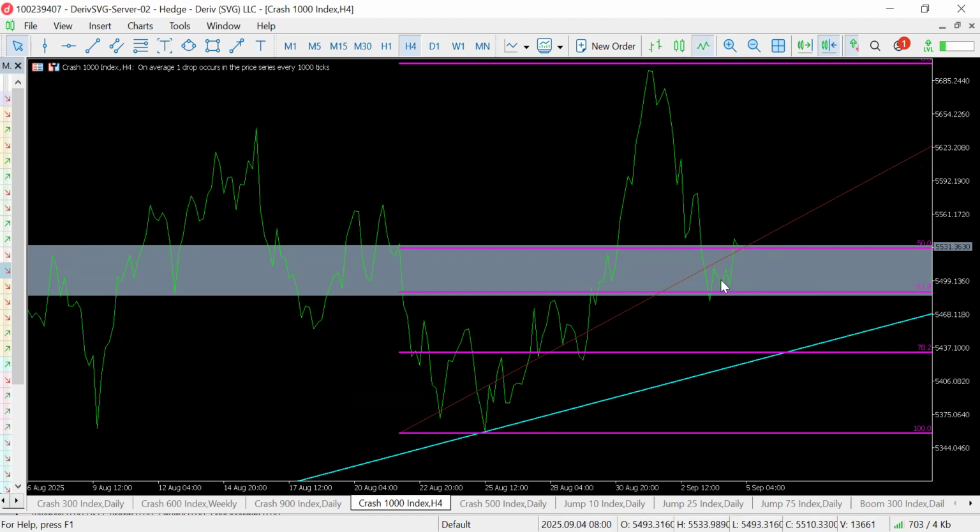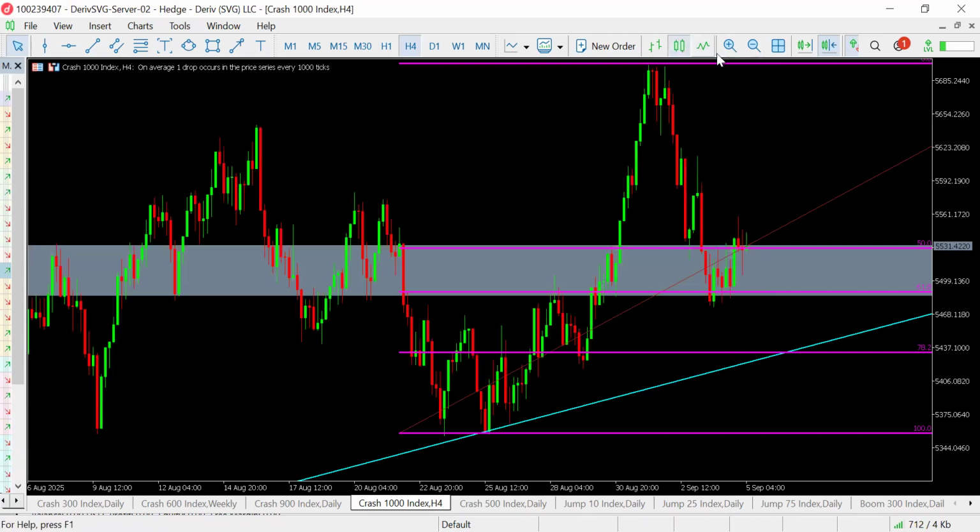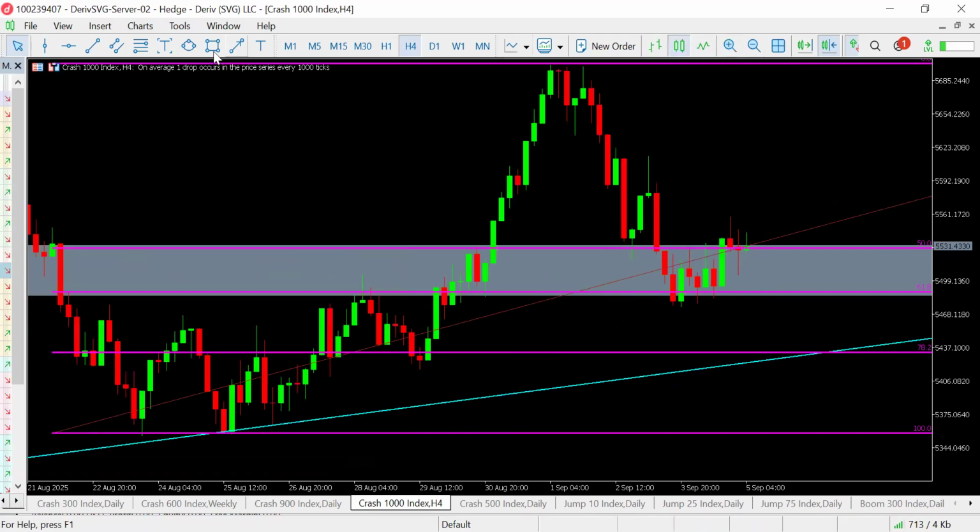However, this double bottom is a strong indication that the price of the market is really ready to go upwards. Another entry criterion that we use is what? A counter trend line. So if I include my counter trend line here, we can see that the counter trend line has not just been broken, it has been retested.